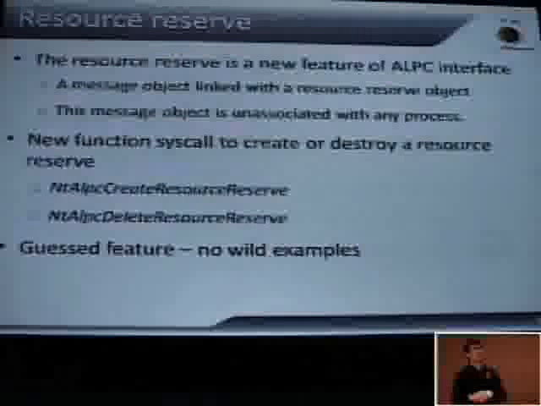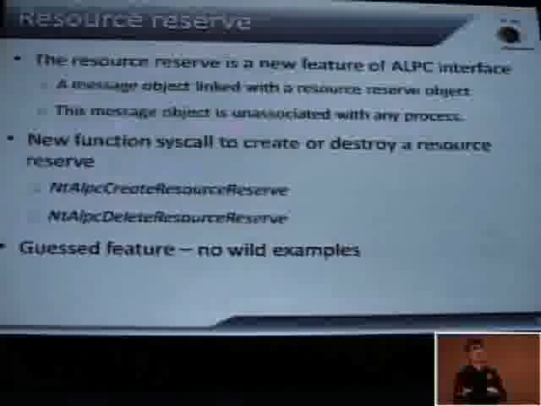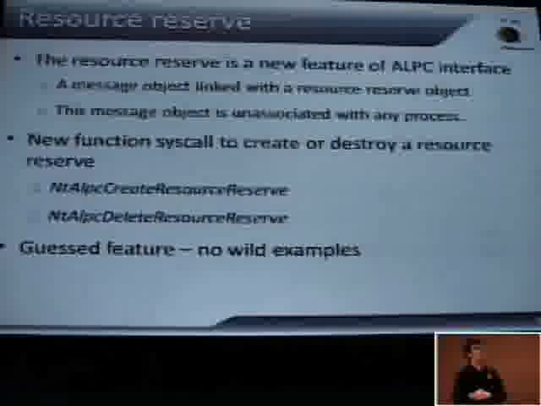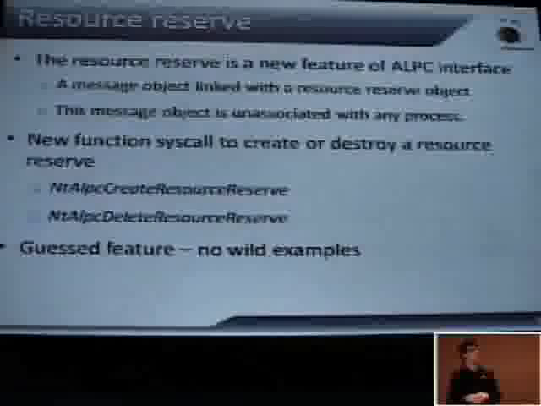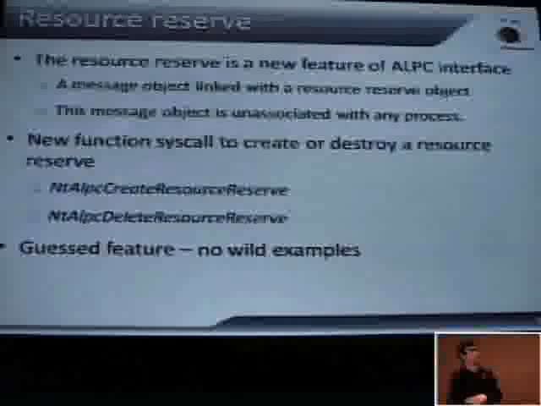This message, this representation of a message in the kernel, is not linked with any ALPC port or any process. That's a blank message. But we're not sure exactly what it is for because we don't see any real-world example. It is not used by any interface, and I even think that Microsoft did not know if they use it or not.